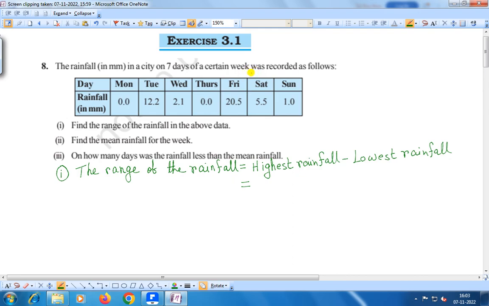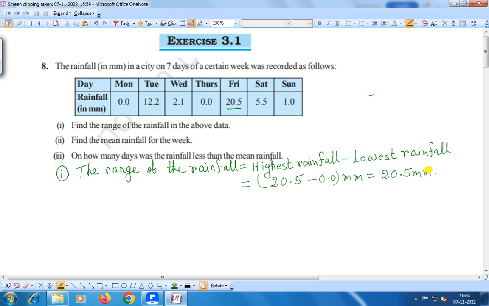Therefore it is 20.5, and the lowest rainfall is 0.0. 20.5 minus 0.0 millimeter. Therefore we are getting the range is 20.5 millimeter. This is the range of the rainfall.